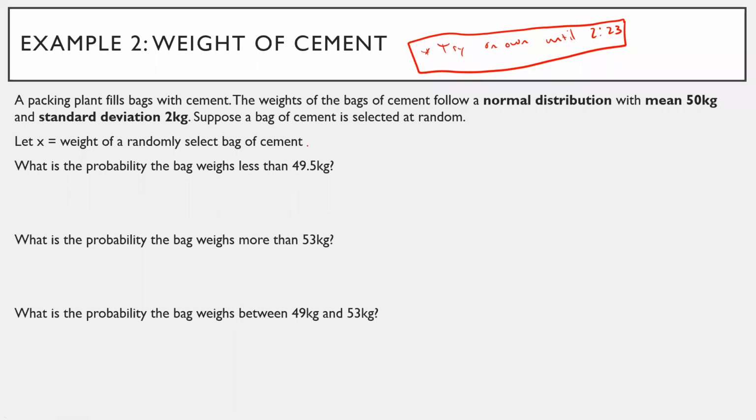And here's what else we know. We know X is normally distributed. And then it gives us the mean. So the mean is 50 kilograms. And then it gives us the standard deviation of 2 kilograms.